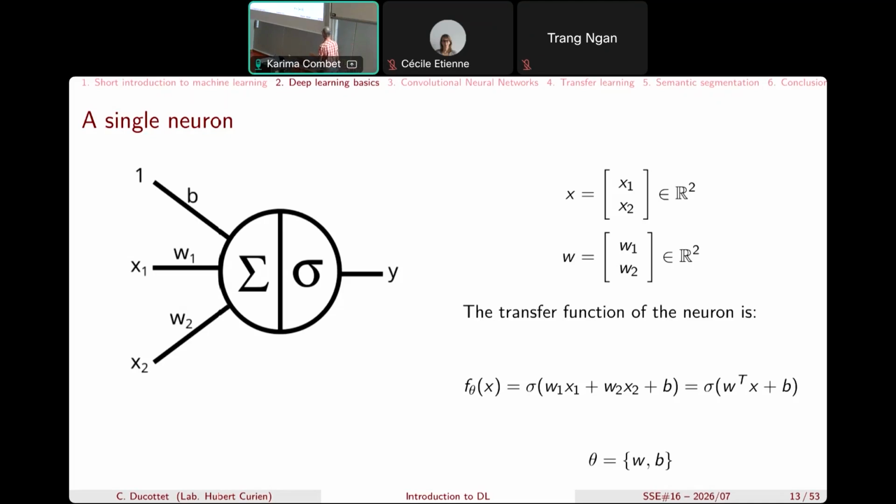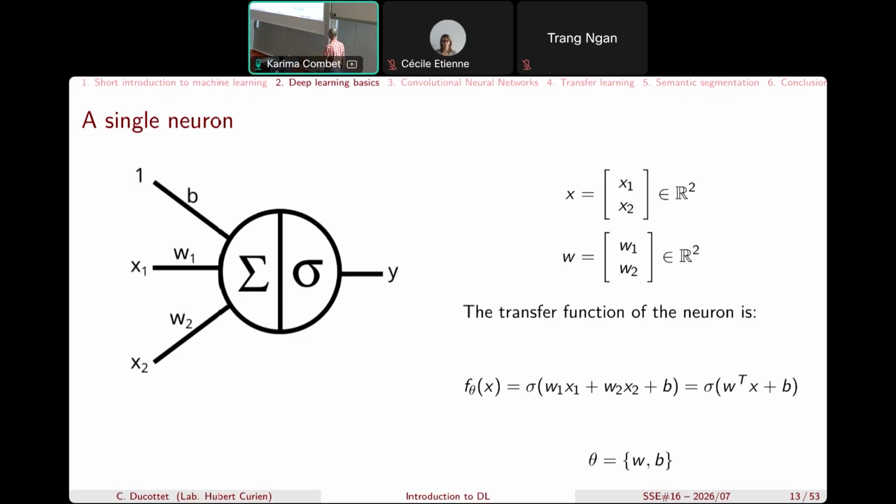We are just having a polynomial, in fact, W1 multiplied by X1 plus W2 X2 plus B. And this value is transmitted to the activation function, which is basically a nonlinear function. We will go back to this function later.